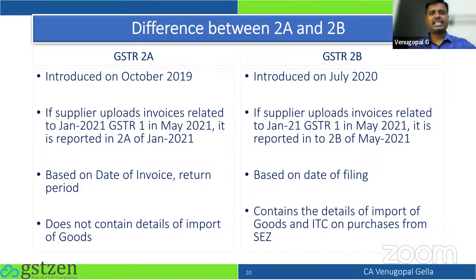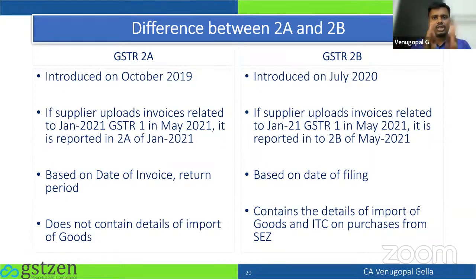While GSTR-2B was introduced in July 2020, stating that credit should be time restricted. Suppliers who file up until the 11th, which is the due date, or the 13th for the IFF due date, the credit flows to 2B of that month. People who file late, the credit flows to 2B of the subsequent month.